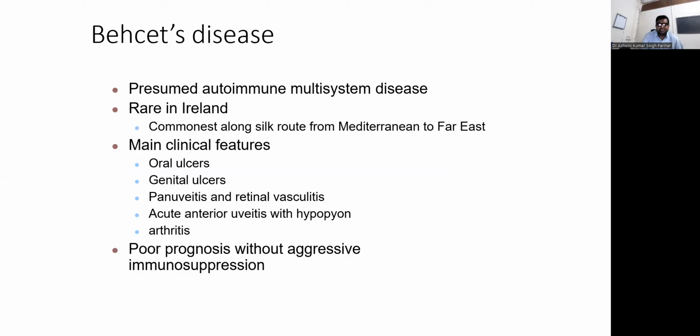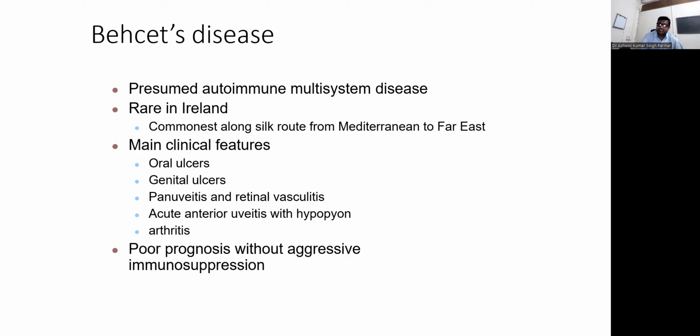Coming to Behçet's disease. What is Behçet's disease? It's an autoimmune disease. It is usually found in the Mediterranean areas. This is not only a condition which affects the eye; it affects the joints, mouth, and several parts of the body.